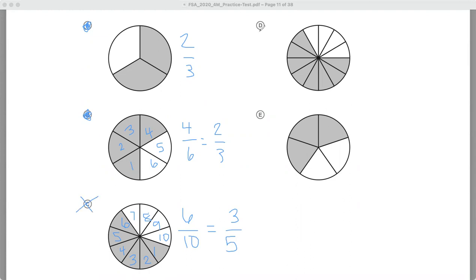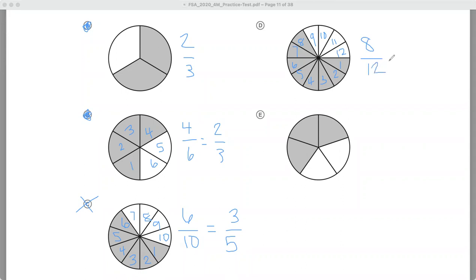Let's look at answer choice D. 1, 2, 3, 4, 5, 6, 7, 8 shaded parts. 9, 10, 11, 12. So 8 shaded parts out of 12 total parts.